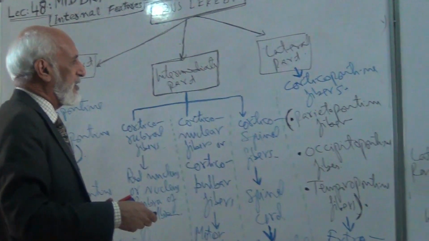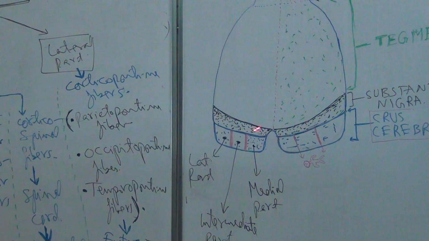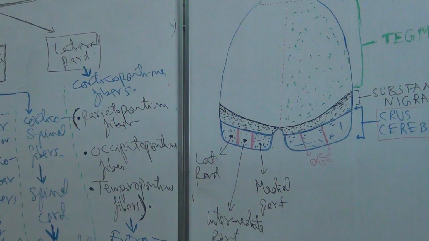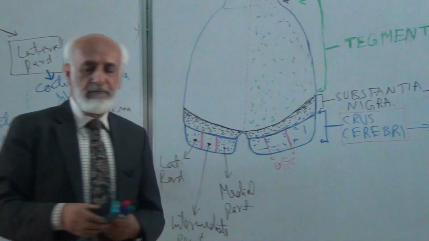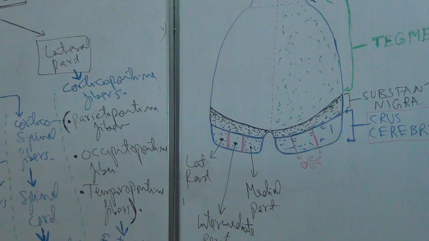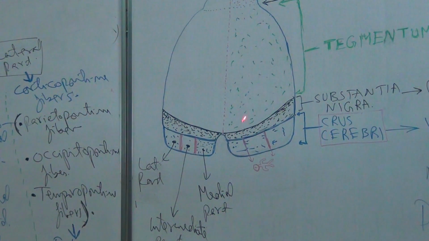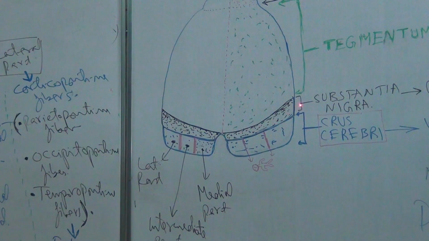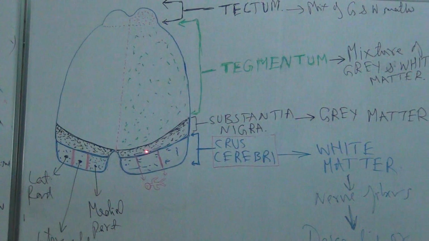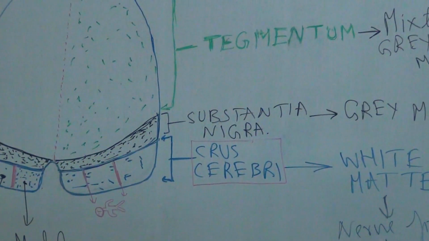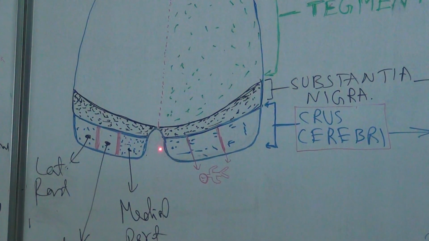Behind the crus cerebri, again separated ventrally by the interpeduncular fossa, is the substantia nigra. Now, substantia nigra is a mass of gray matter, dark in appearance. And the substantia nigra of one cerebral peduncle is separated from the substantia nigra of the other cerebral peduncle by the interpeduncular fossa.